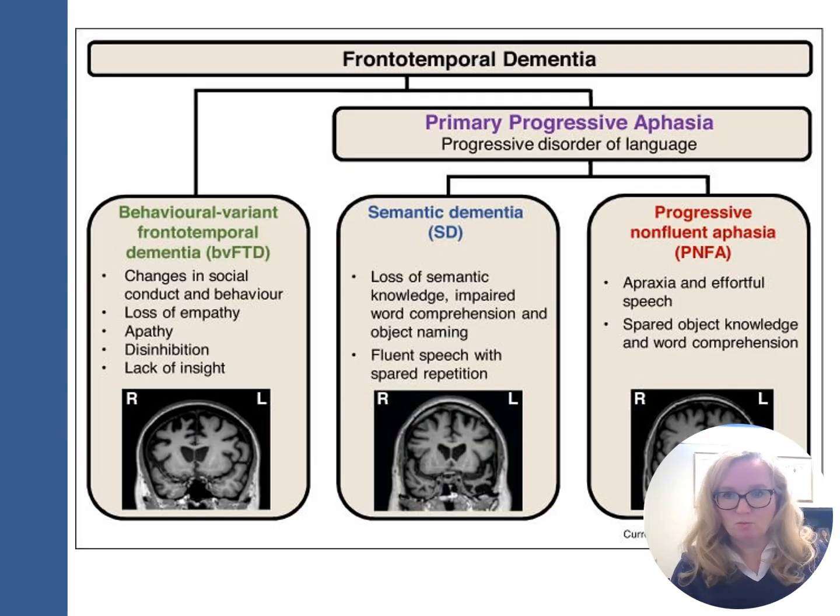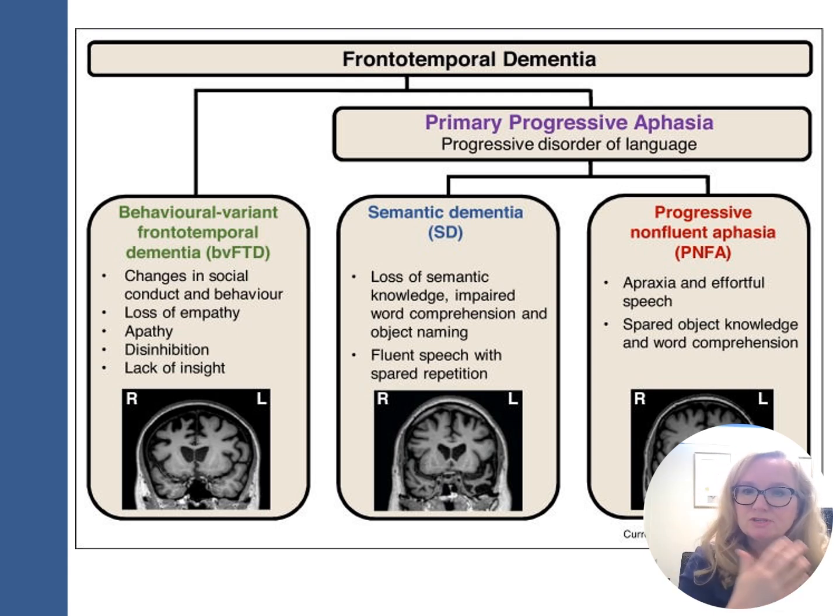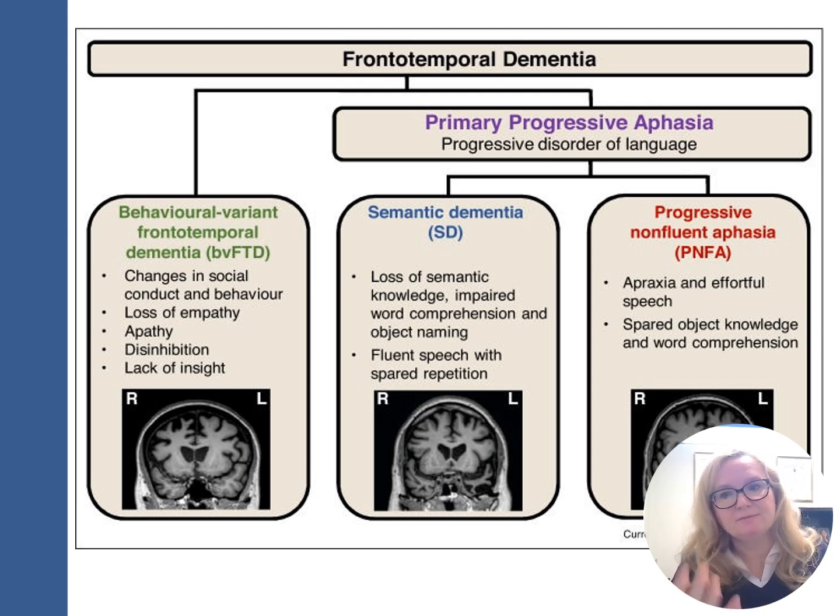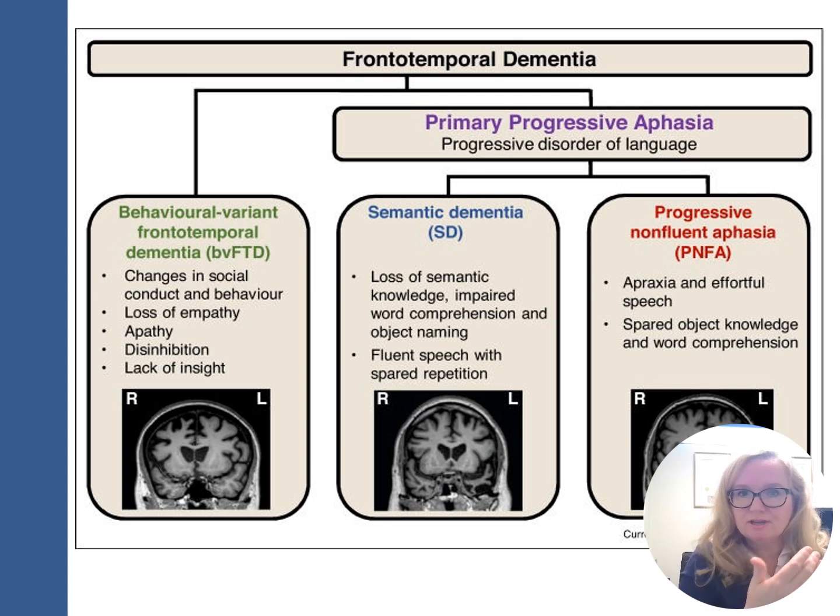And so why is this interesting to study as part of cognition? Well, someone with frontotemporal dementia sometimes has dementia in the frontal lobes primarily, and later on it moves into damage in the temporal lobes. Or vice versa, it might start with language problems, temporal lobe damage, and then move into the frontal lobes.